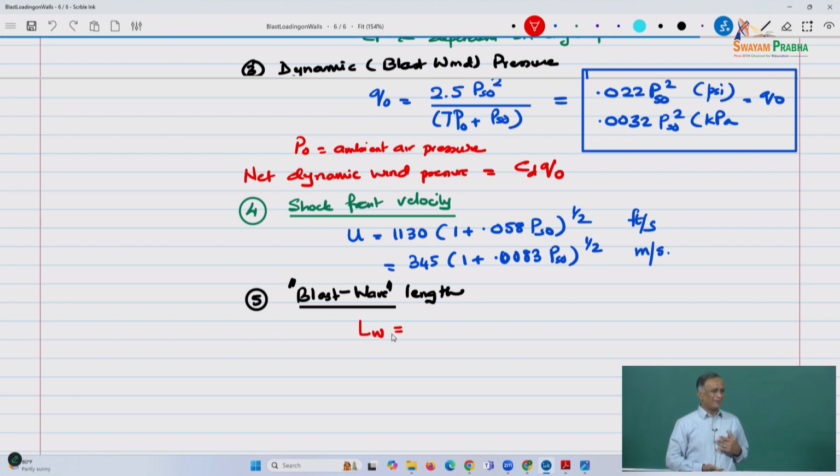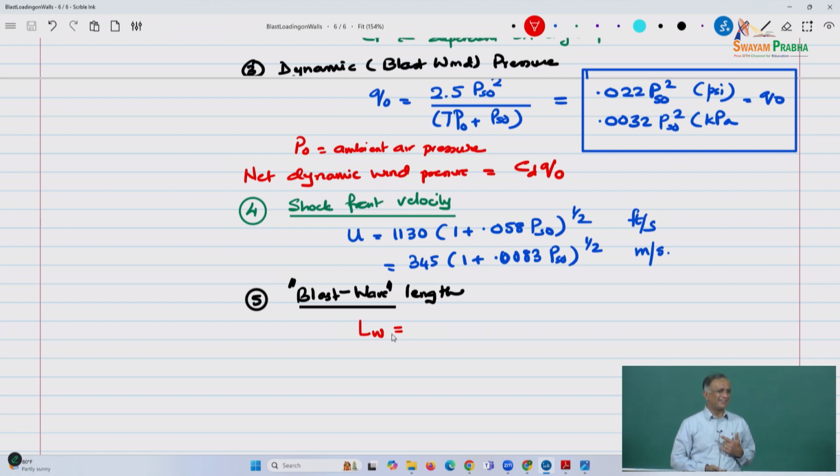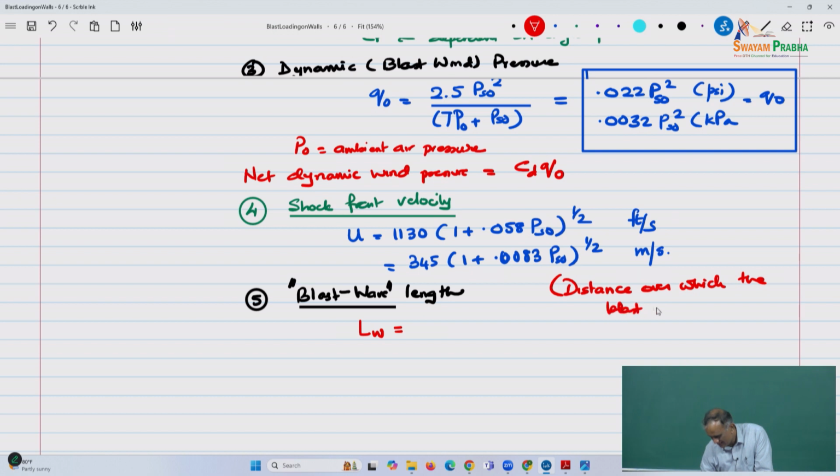I questioned for a while, I don't see a wavelength that is repeating in any manner, and then I recognized that it is the distance over which you can expect the blast wave. Maybe we can write that down. A couple of weeks down the road you'll forget. Distance over which the blast wave has an impact, has an effect.